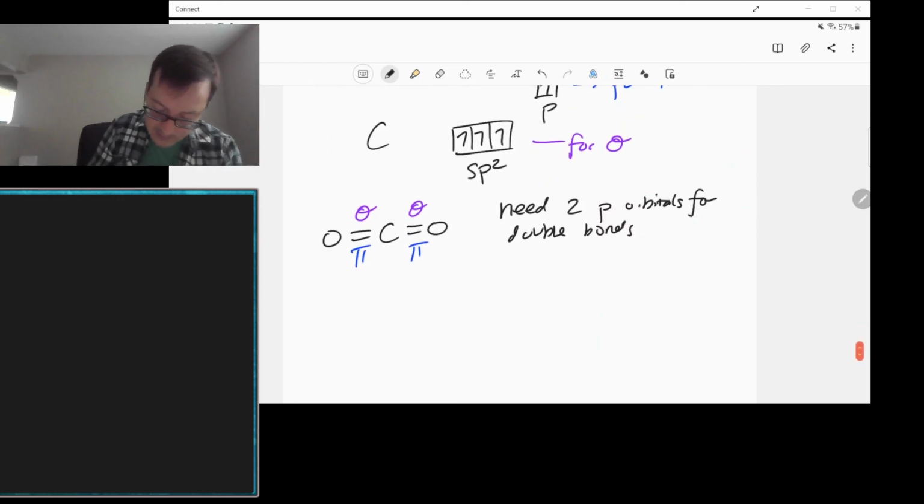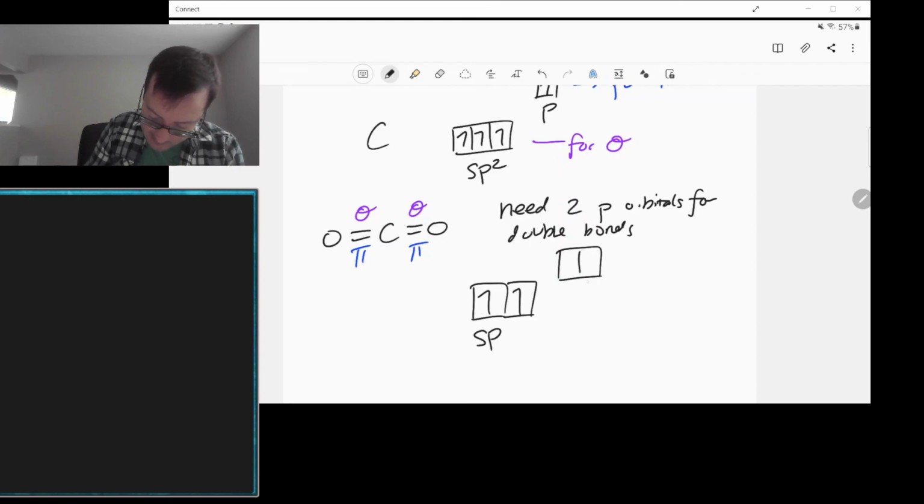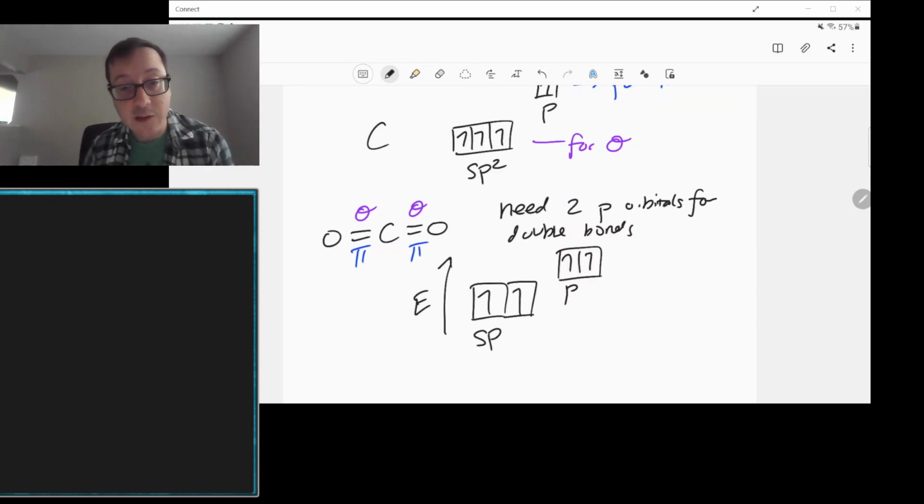And so we're going to have sp orbitals and then the other 2 p orbitals in terms of energy again. And so our hybrid in this case will be sp.